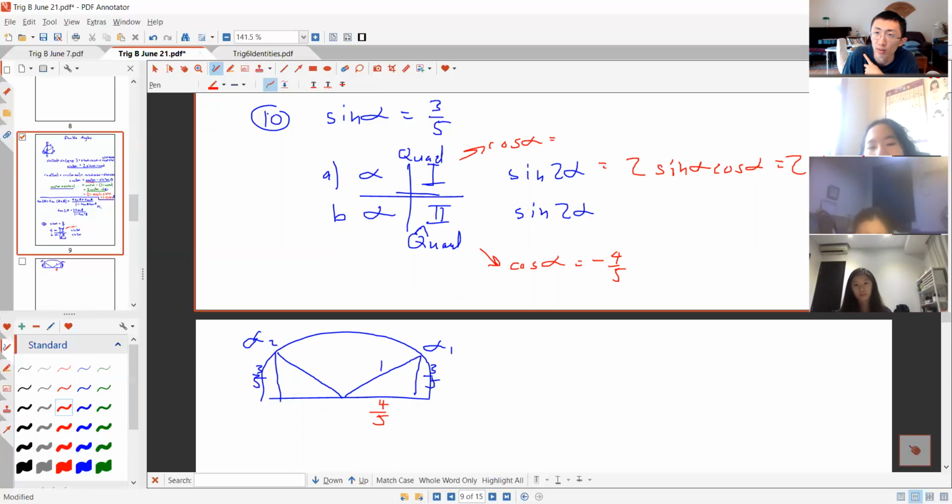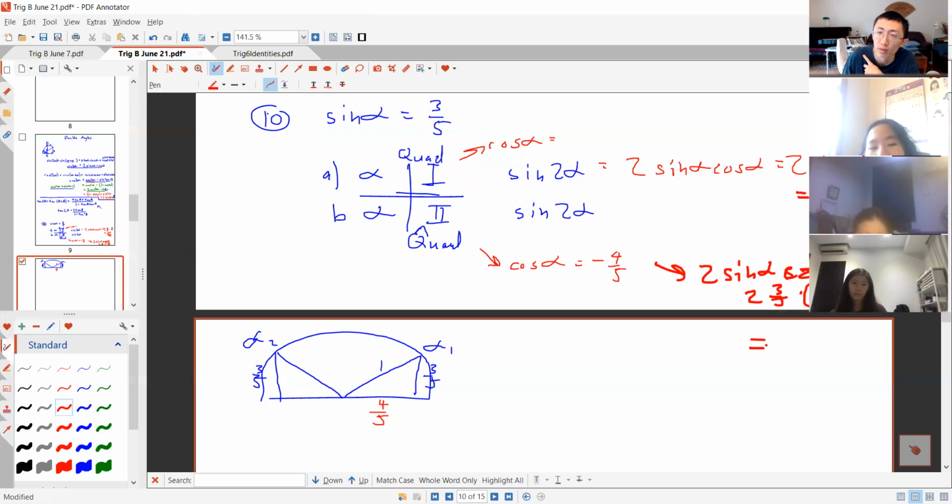So 24/25. Whereas here, you'll get 2 sine alpha cos alpha is 2 times 3/5 times negative 4/5 all multiplied together. So that will be negative 24/25.